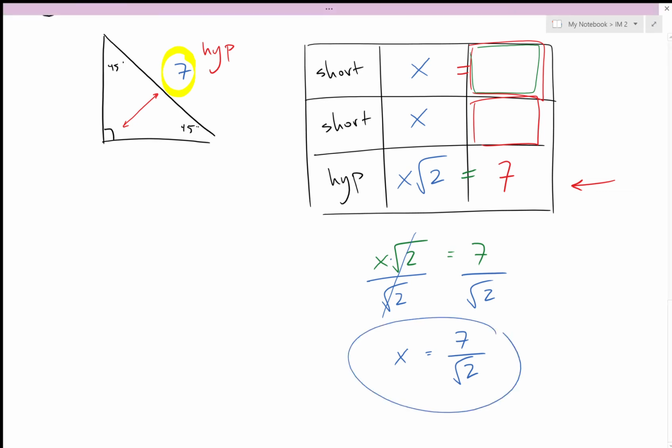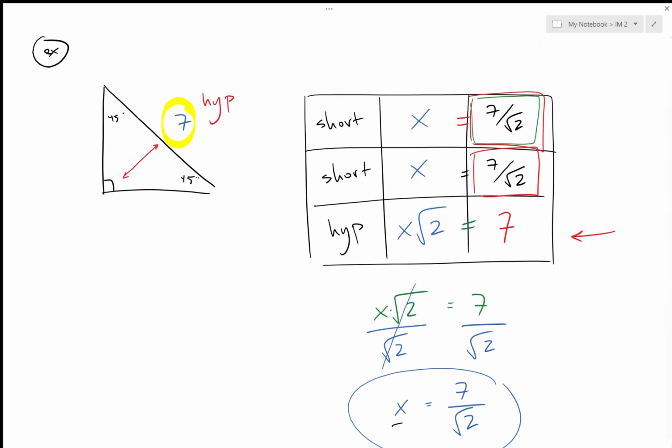And aren't there two boxes up here that ask us what x is? Yep. So the short side, x, is the 7 over square root 2. And I know that the two short sides are the exact same length, so 7 over square root 2.